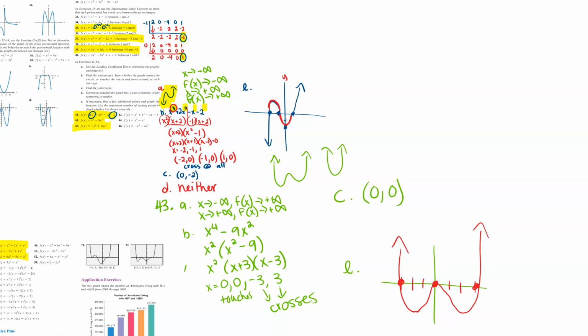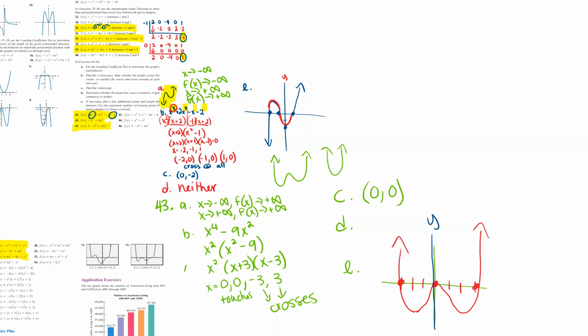All right, and then D, so I'm going to go back to question D. It said to determine whether the graph is symmetric to the y-axis, origin, or neither. So this appears like it is symmetric to the y-axis. This is your y-axis.